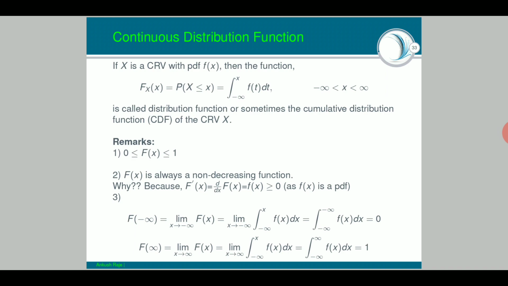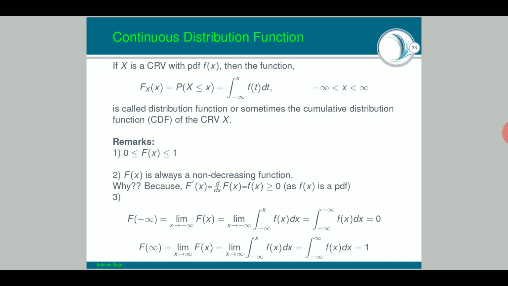Second, F of x is always a non-decreasing function. It is ever increasing. We have already seen this in the discrete sense, but here why does it hold? Because F dash of x is equal to d by dx of F of x, and we know that d by dx of the distribution function is our density function, f of x.